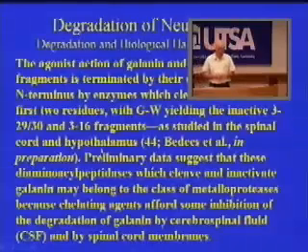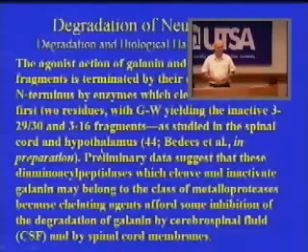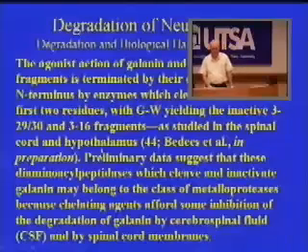Therefore, in the interstitial fluid or present in the tissue, the central nervous system, the degradative enzymes exist to destroy these biologically active neuropeptides, which is what we predicted and what we would expect.